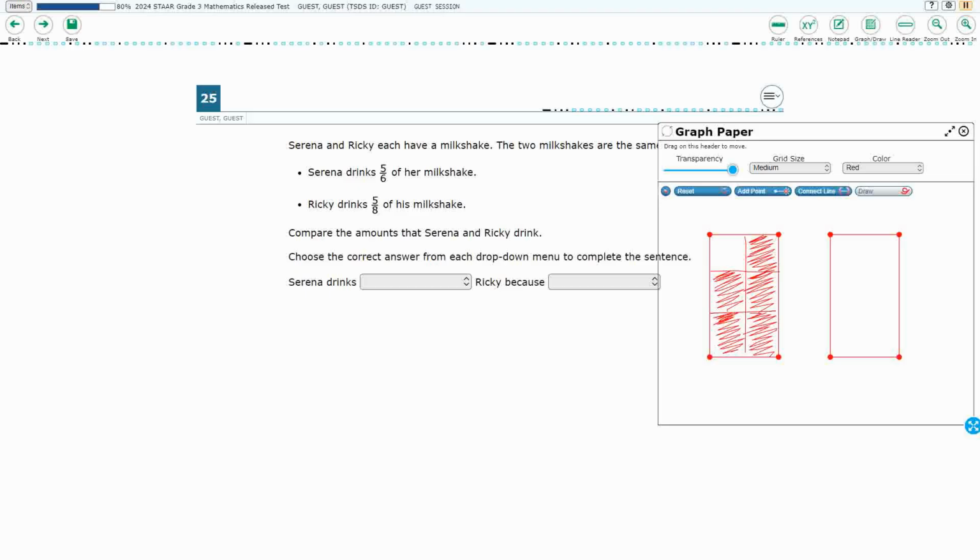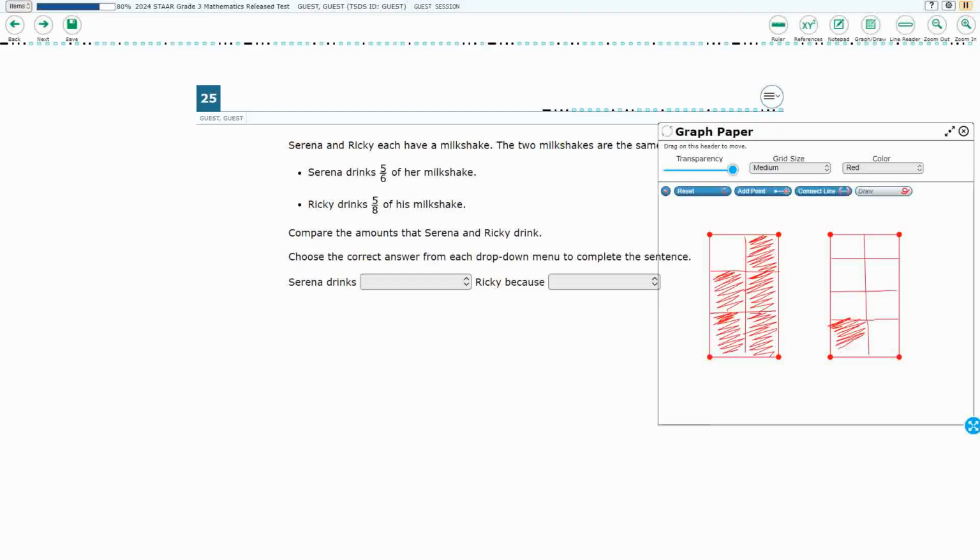All right, 5/8. Well, eighths are a little bit easier because what you do is you cut it in half horizontally, cut it in half vertically. You've got fourths. Then you cut each of these fourths in half. Now you get eighths because half of a fourth is an eighth, because 4 times 2 is 8.